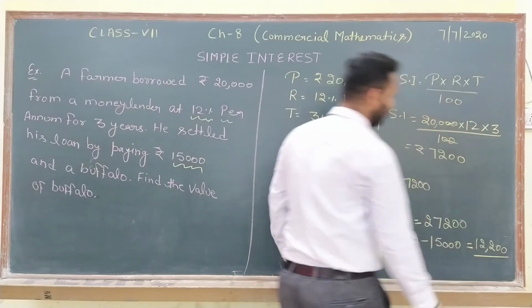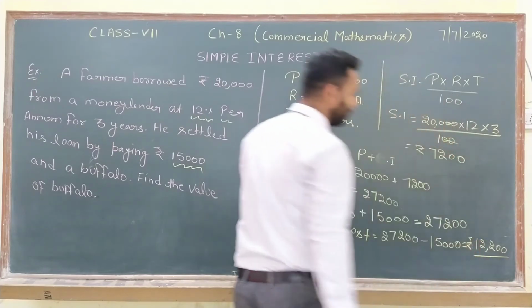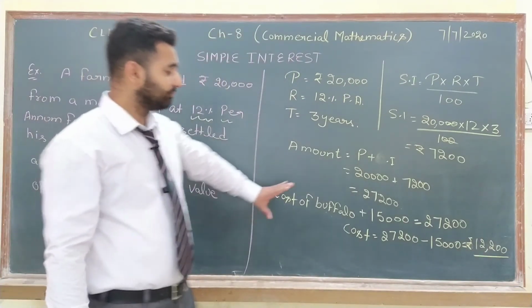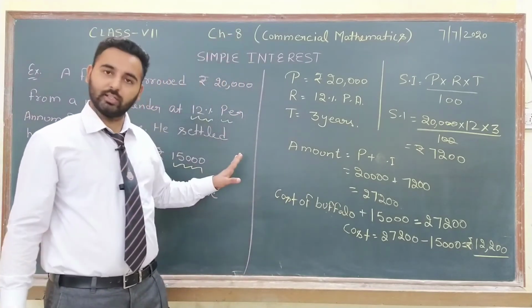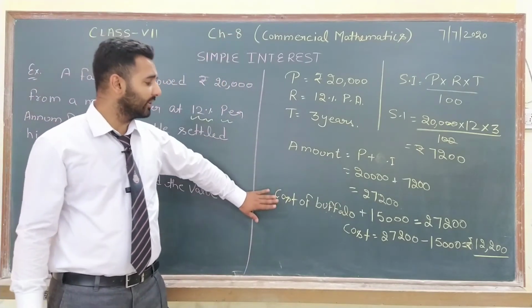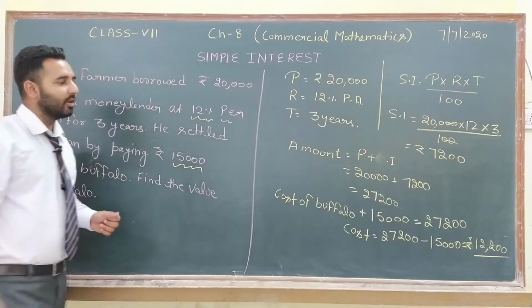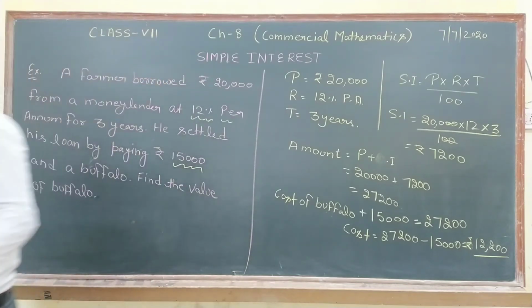So we can say the cost of the buffalo is rupees 12,200, because after paying this much amount his loan gets settled, but he is not paying it, he is giving one buffalo. So the cost of the buffalo we get is 12,200 rupees.